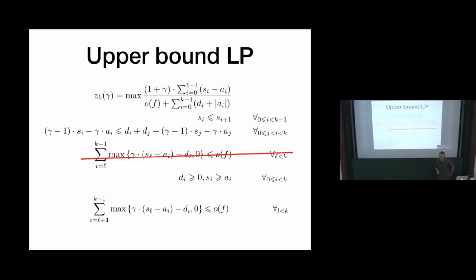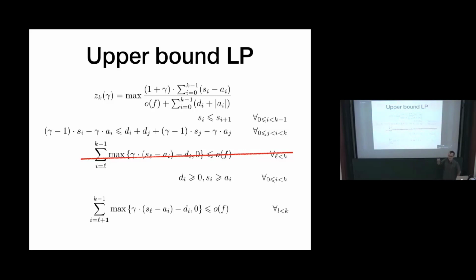I will modify the linear program. Instead of this crossed out constraint, I put a different constraint. Who can spot the difference? The index is different, plus one. Yeah, that's the only difference. The summation has one more term.